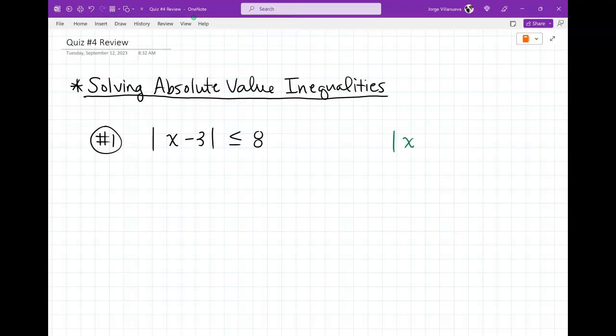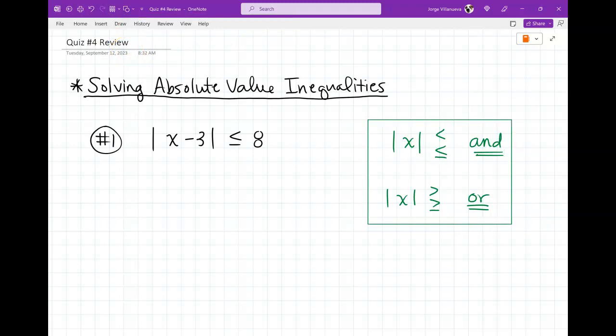Absolute value of something, and if it points like this, it is an AND. If you have absolute value of something and it's pointing this way, this is an OR. So make sure you guys remember that, because when you draw your graph, you should be able to check.